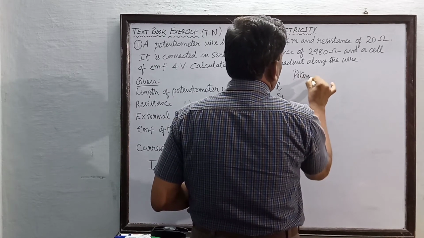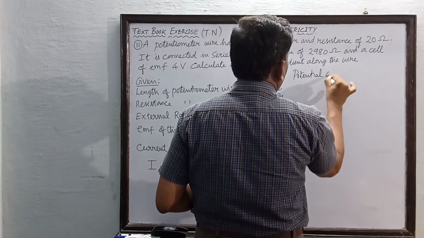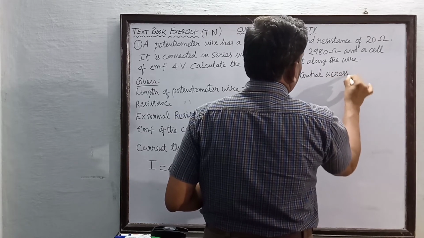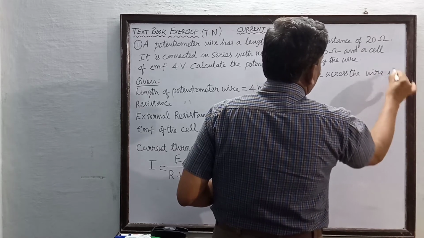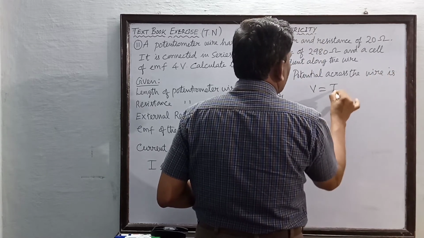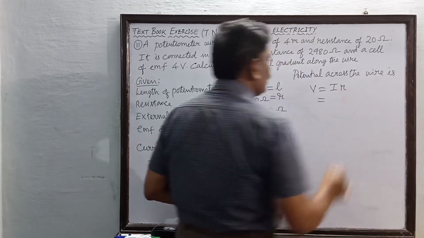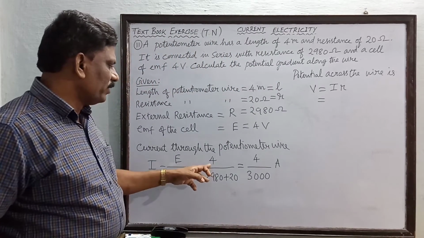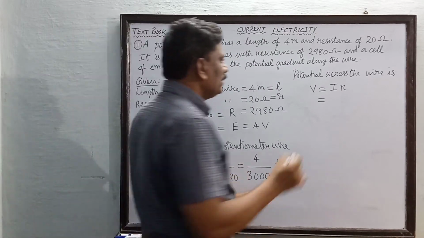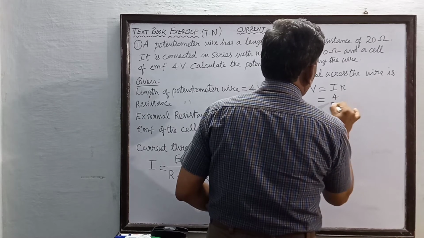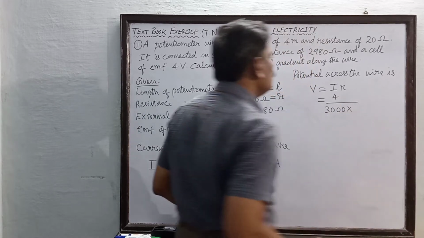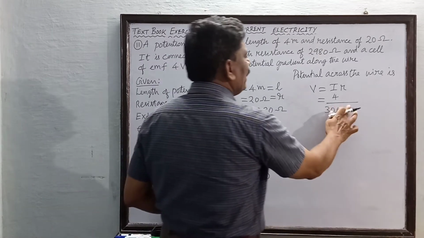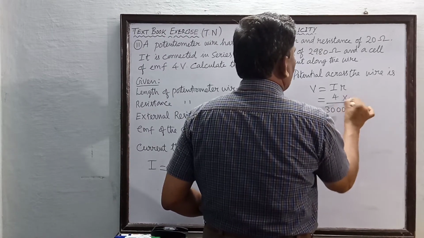So the potential drop across the potentiometer wire is given by V is equal to I into small r. Instead of I, I am going to substitute 4 divided by 3000, into the resistance of the potentiometer wire.